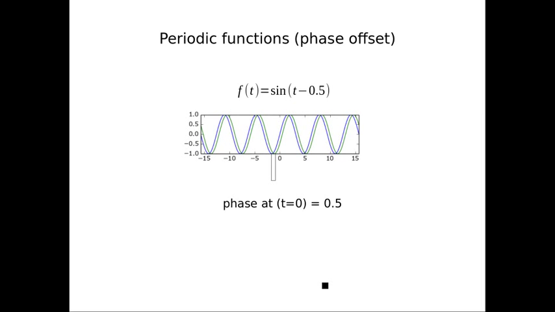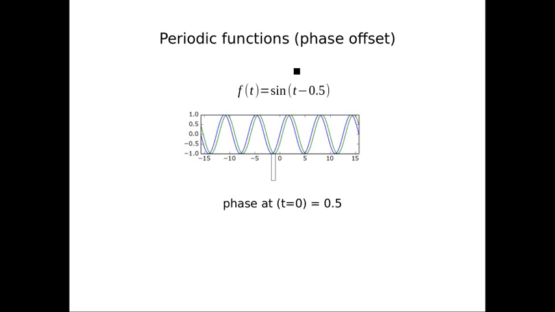So here's another example. In blue, we have the same sine function as before, and then in green, next to it, is f of t equals sine of t minus 0.5. So you'll notice that this green curve is just an offset version of the blue curve.